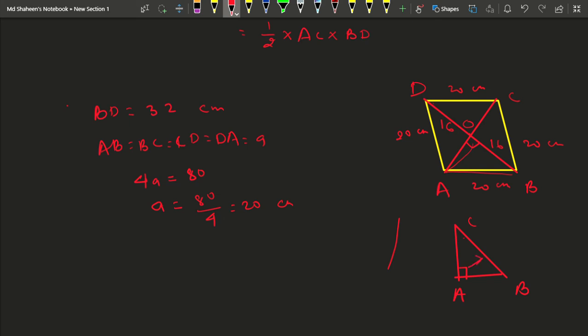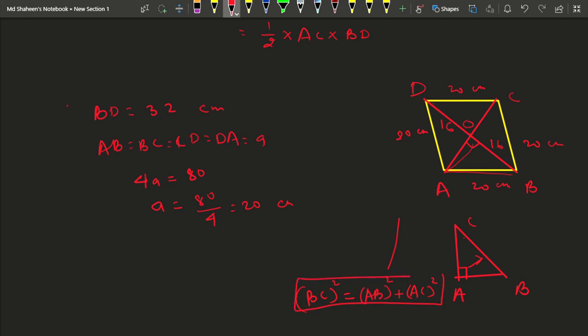So BC will be the biggest. The square of the biggest side, BC squared, will be equal to the sum of the squares of the other two sides, AB squared plus AC squared. This is the Pythagoras theorem.